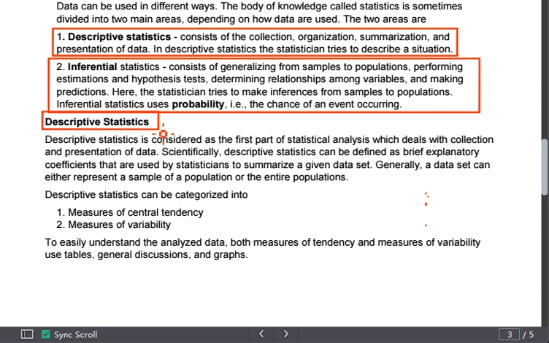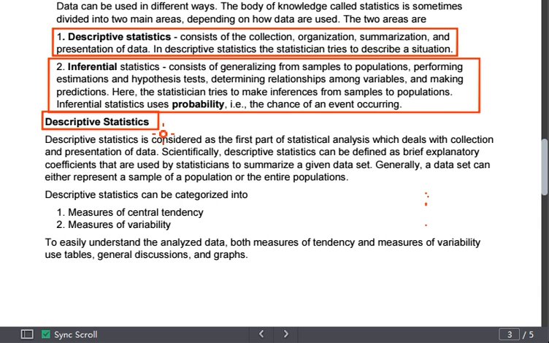Generally, a data set either represents a sample of a population or the entire population. So with the use of descriptive statistics, we can summarize gathered data. It is very easy for this one kasi most likely we are familiar with it na.